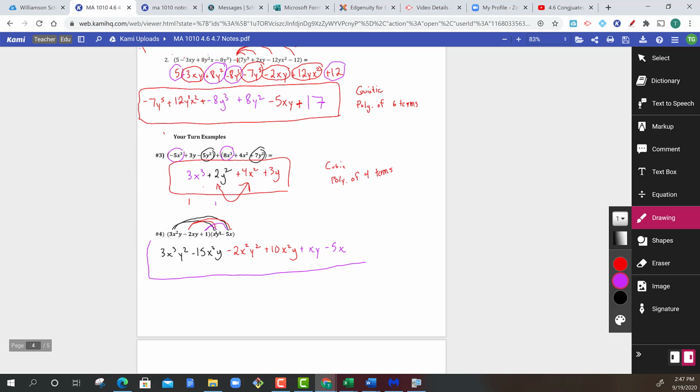So this should be my answer. It's already written from biggest degree to smallest degree. Degree is 5, because these exponents here added together is 5. So it is a quintic. And again, there are 6 terms, so it is a polynomial of 6 terms.